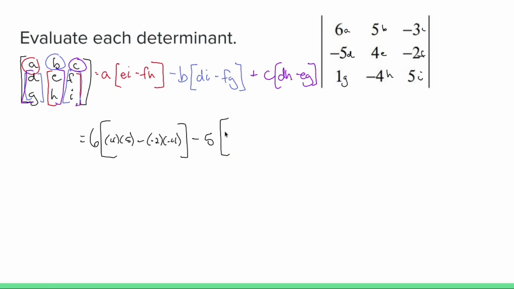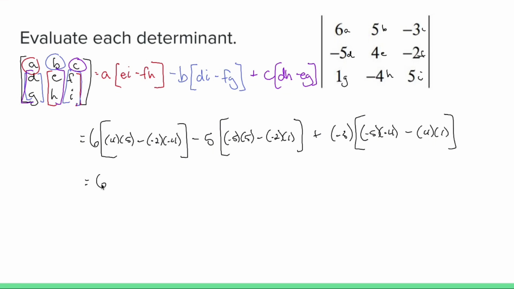So negative 5 times 5. Minus FG, which is going to be negative 2 times 1. And then plus C, which is negative 3, times the quantity DH. So that's going to be negative 5 times negative 4. Minus EG, which is 4 times 1.